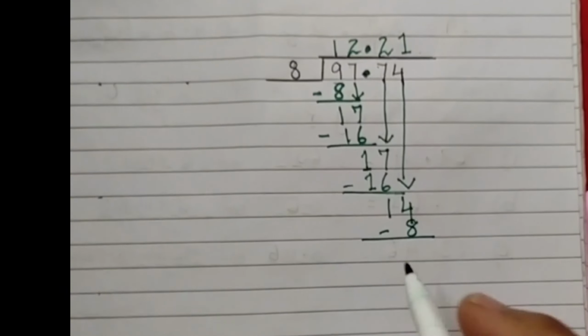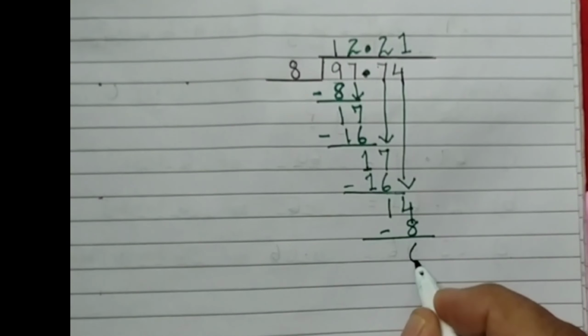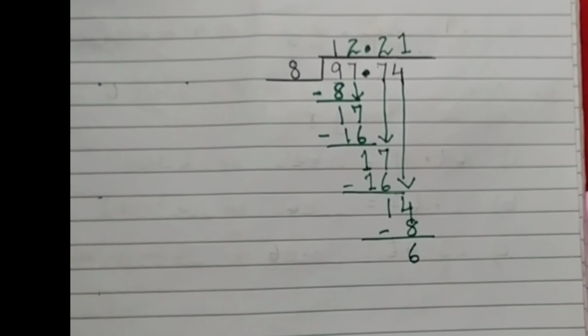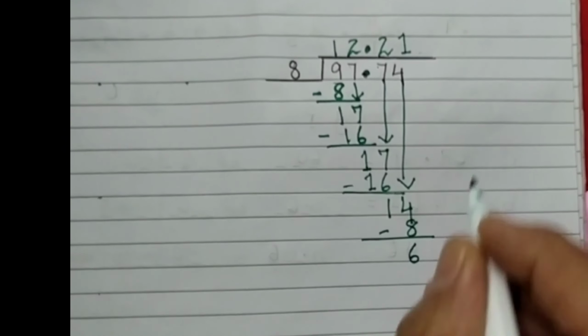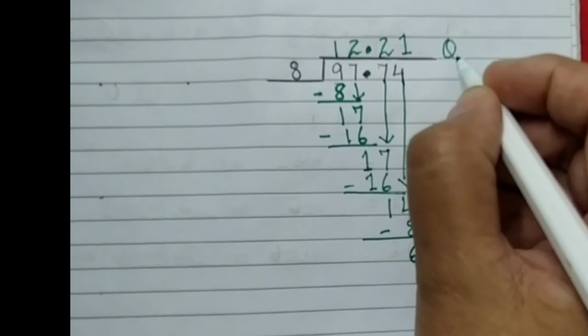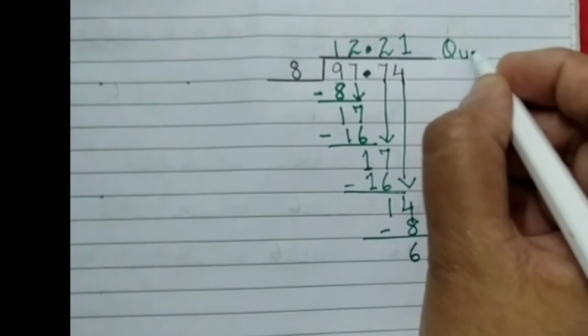So 6 is my remainder. Okay. So 6 is my remainder and I got my answer. Remainder is 6. My quotient is 12.21.